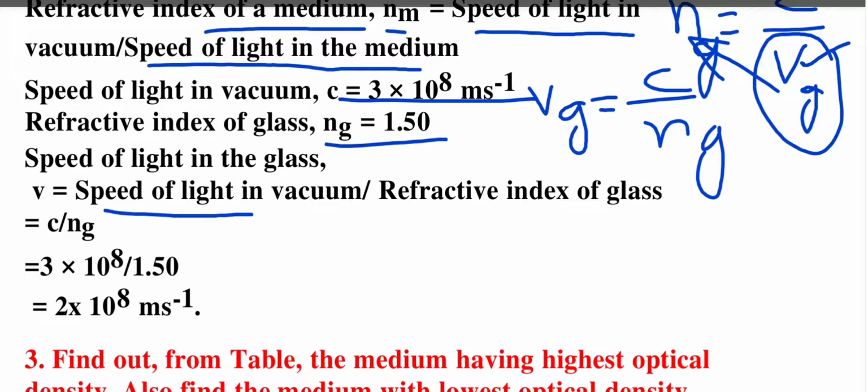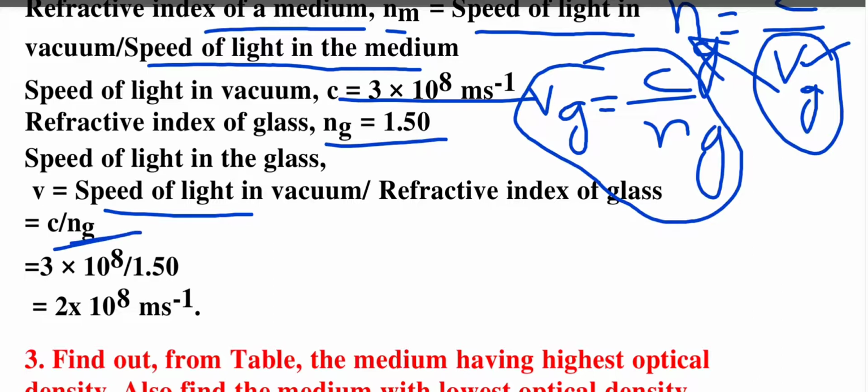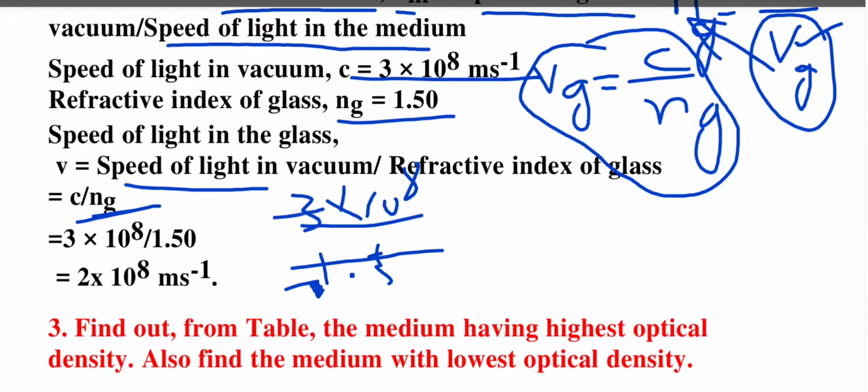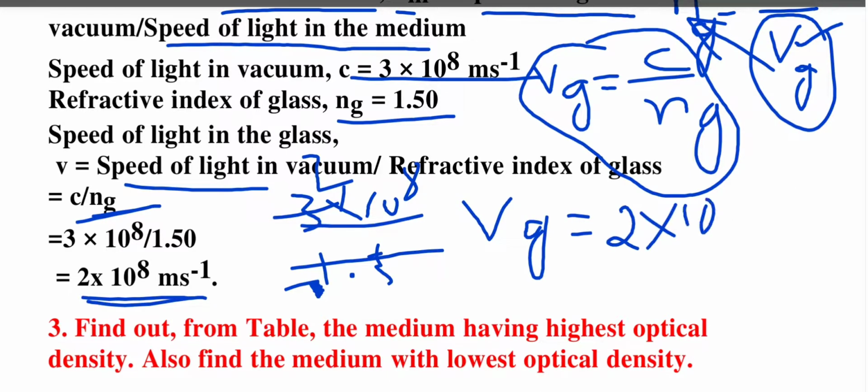So Vg is equal to c divided by Ng, which is 3 into 10 power 8 divided by 1.5, which is 2 into 10 power 8 meter per second. So the speed of light in glass is 2 into 10 power 8 meter per second.